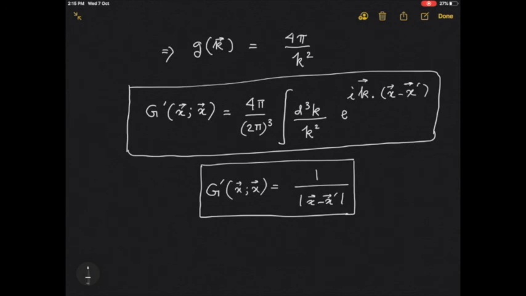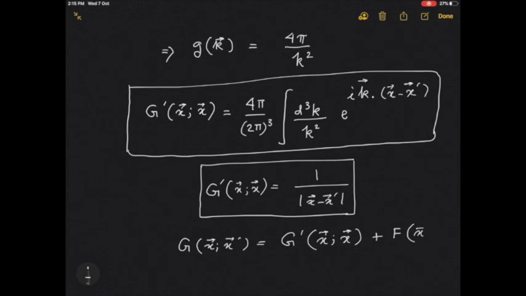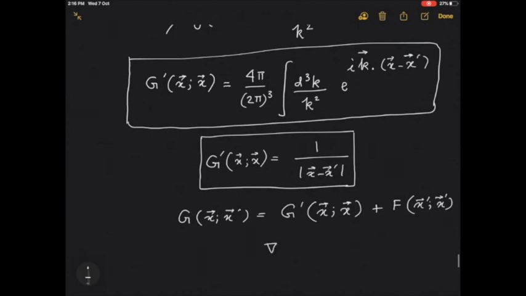We have gone through a formalism of getting the Green's function, and if you remember, along with this g prime, we get g, which is this g prime plus a f, which is a solution for the Poisson equation grad square f equals 0, with boundary condition on g.